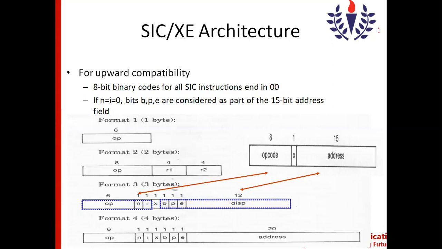Similarly, in the addressing field, we have 15 bits in the instruction format in SIC, whereas we have only 12 bits for the displacement. Another 3 bits have converted into B, P, and E bits. Then the X bit will be as it is. So this is how we relate the instruction format in SIC and format 3 in SIC/XE.